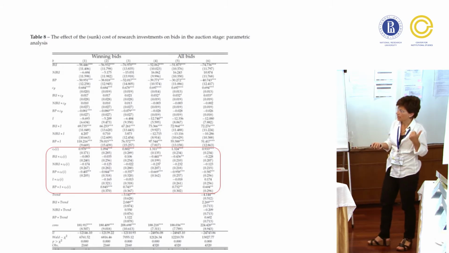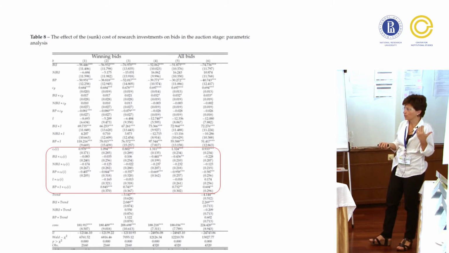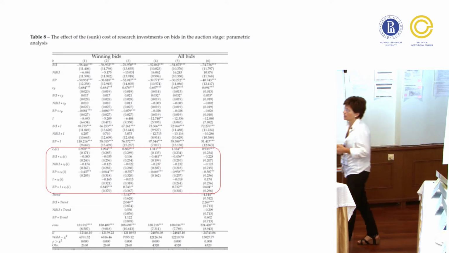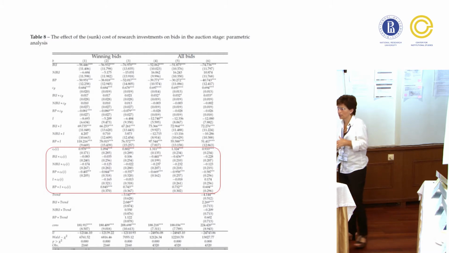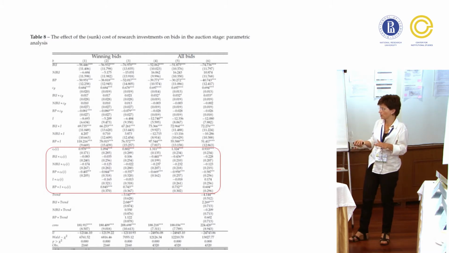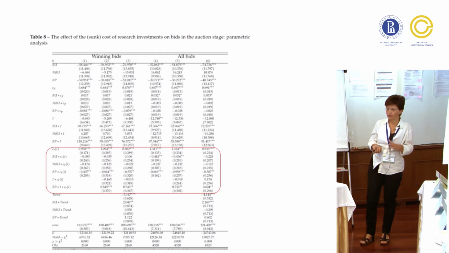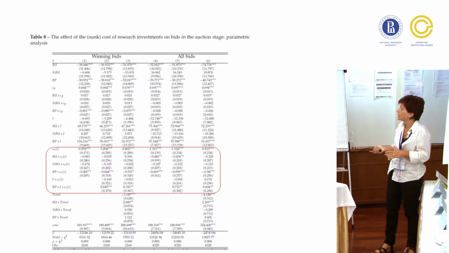And the cost you had in the previous stage about investment reduces the probability of winning both in the procurement under the bonus and non-bonus treatment, while it does not play any effect in the unsolicited proposal.